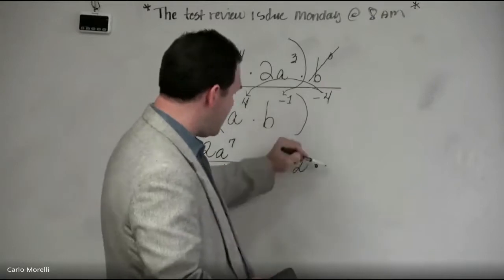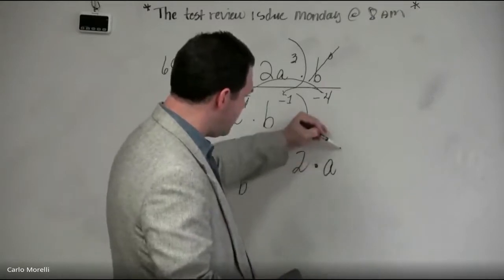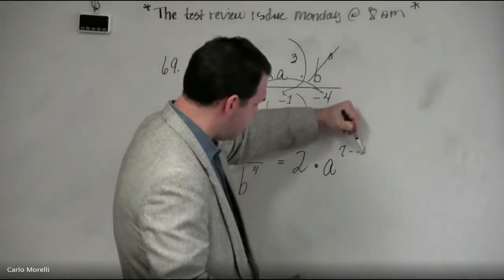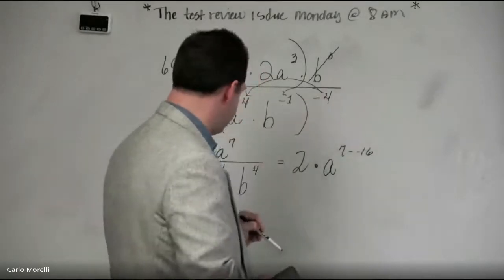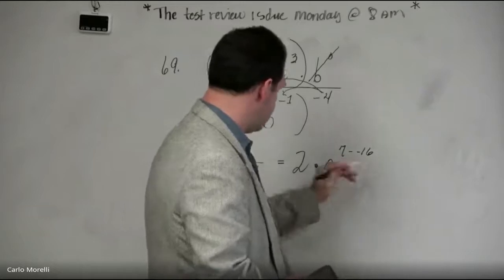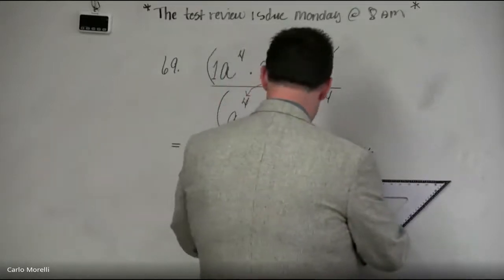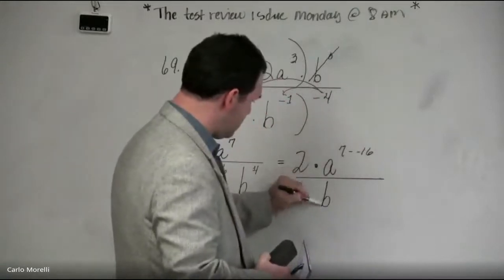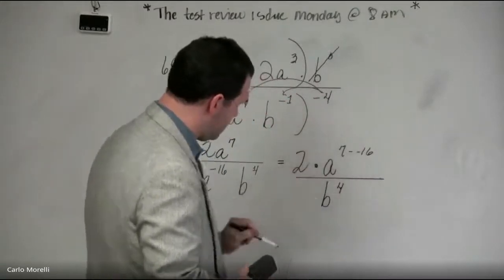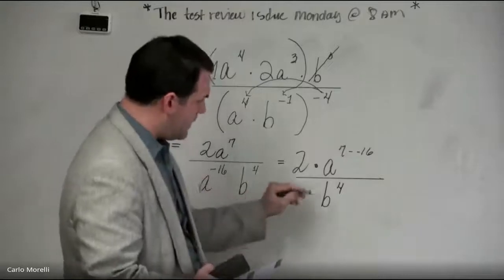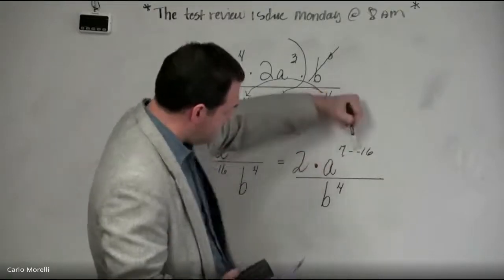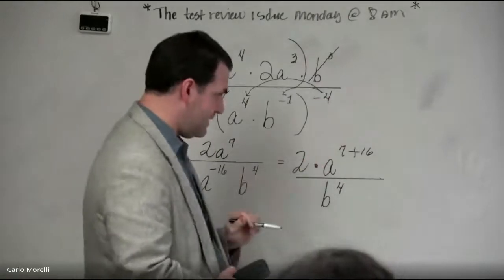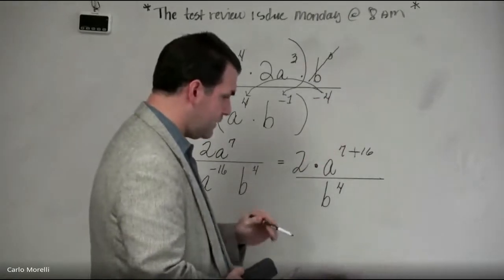And then we've got a raised to the power of 7 minus negative 16. And then this is all written over b to the fourth power. Okay, so now we have 7 minus negative 16. This is a plus. 7 plus 16 is 23.